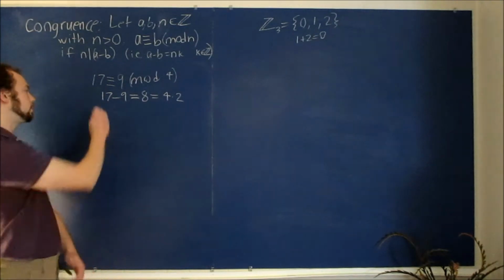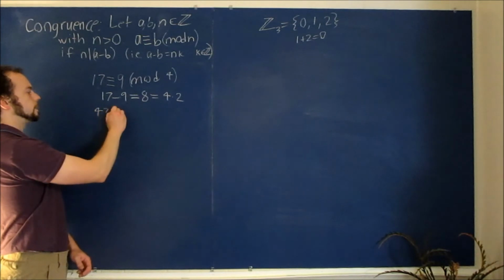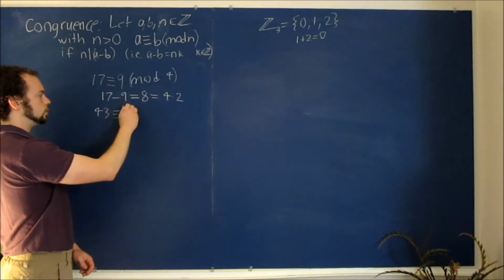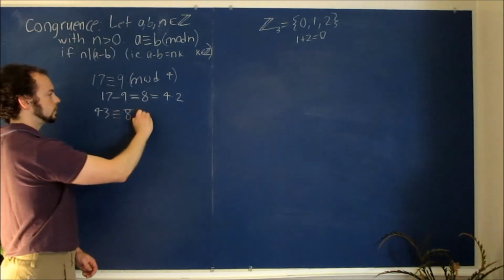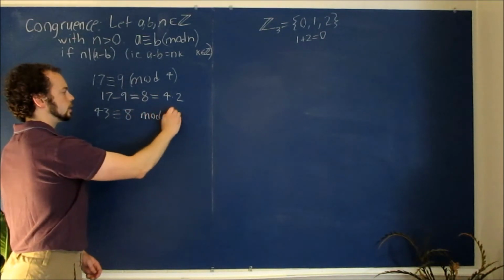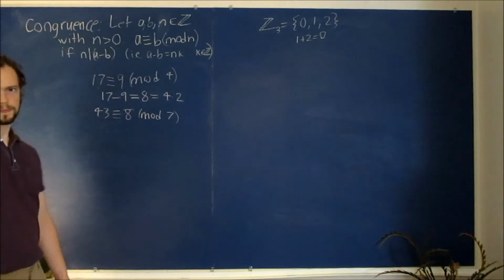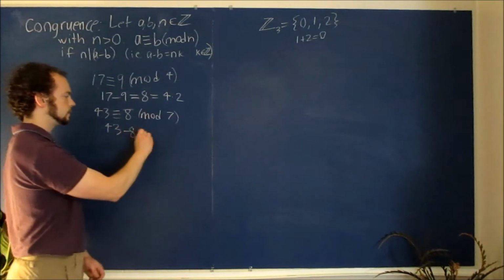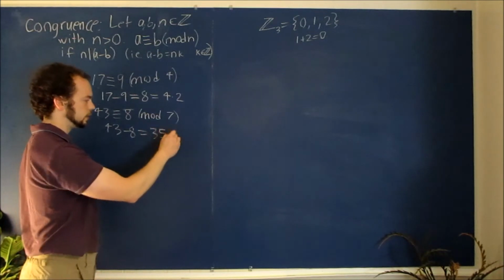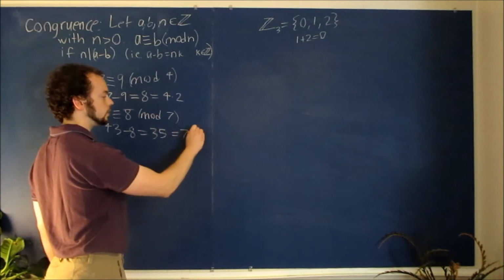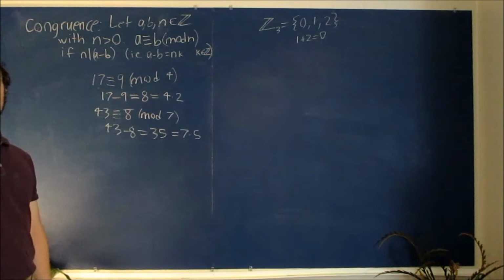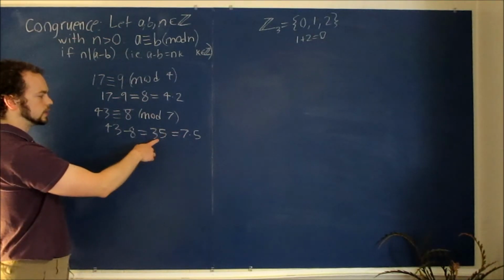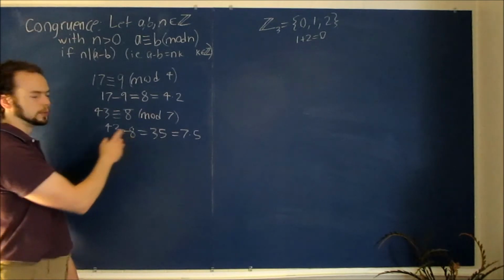Another example. 43 is congruent to 8 mod 7, because 43 minus 8 is equal to 35, which is equal to 7 times 5. So again, 7 divides 35, which is 43 minus 8.